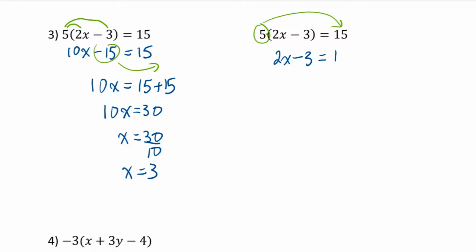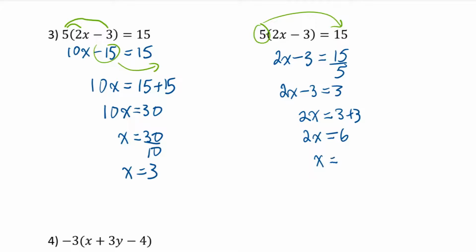So I now have 15 divided by 5 on the right. 2x minus 3 equals 3. Now it's just a two-step problem. Bring that negative 3 to the other side. You get 3 plus 3 equals 6. Bring that 2 to the other side. You've got 6 divided by 2. X equals 3. Same answer both ways. Your choice.